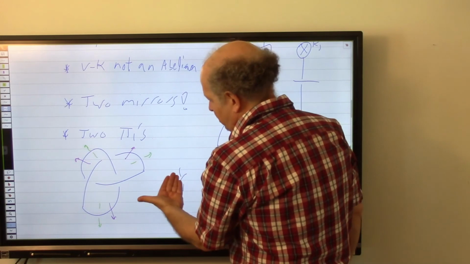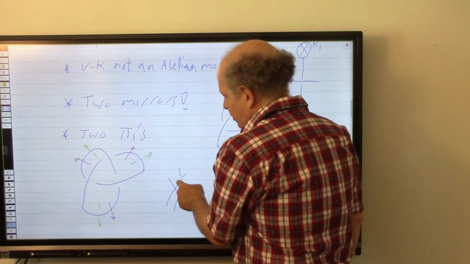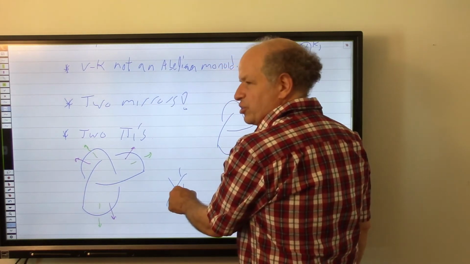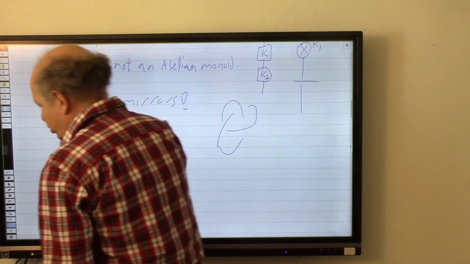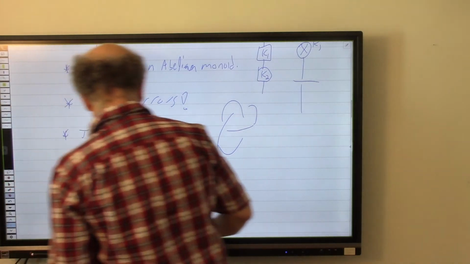So if you rotate it, eventually this line will have to come across the virtual crossing, and this is forbidden. So these are funny. Okay.